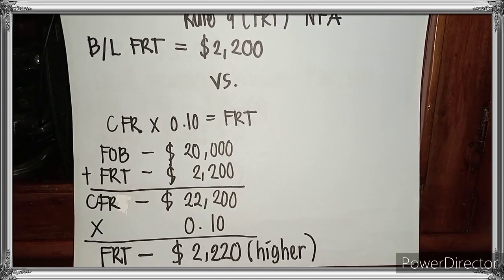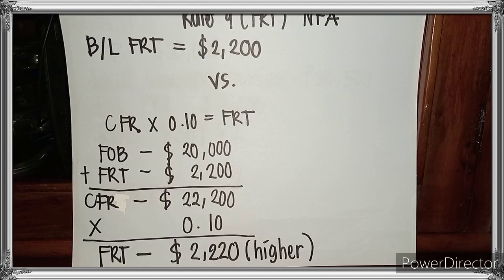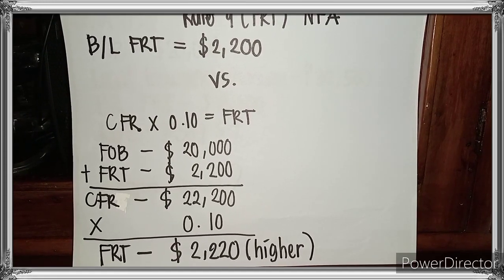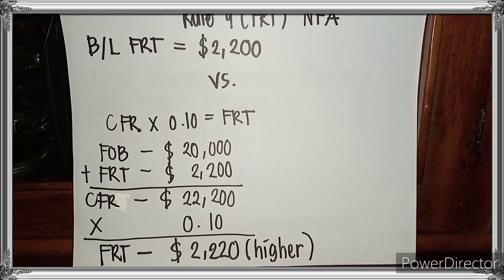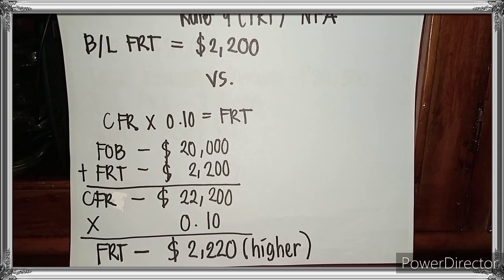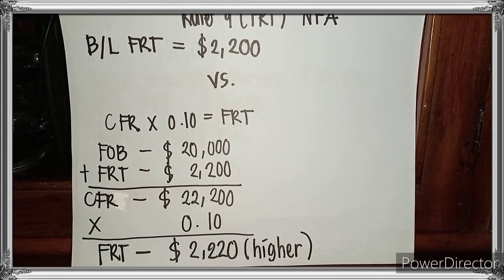Then we multiply it by 0.10: CFR of 22,200 times 0.10 gives a freight of $2,220.